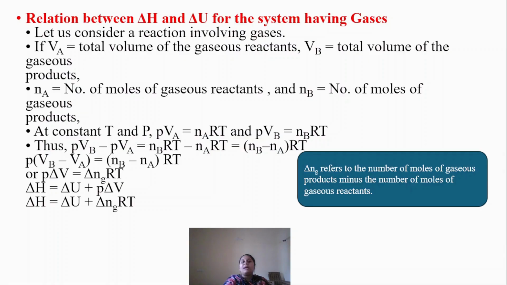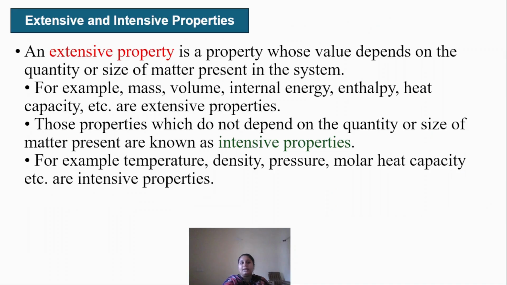So PVB minus PVA is equal to nBRT minus nART. Grouping nB minus nA as delta nG, where delta nG is the number of moles of gaseous products minus the number of moles of gaseous reactants, P delta V is delta nG RT. So delta H is equal to delta U plus P delta V, that is, delta H is equal to delta U plus delta nG RT.